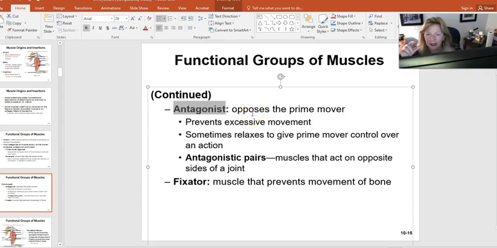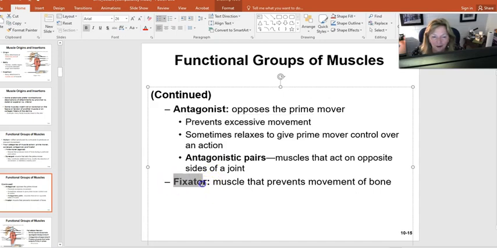The reason there's an antagonist for each movement is so that it prevents excessive movement. This is a very protective type of evolutionary development, so that with each movement you don't exaggerate the movement and cause injury.